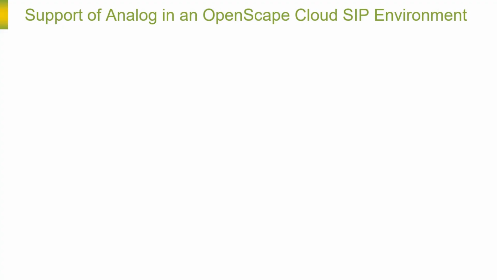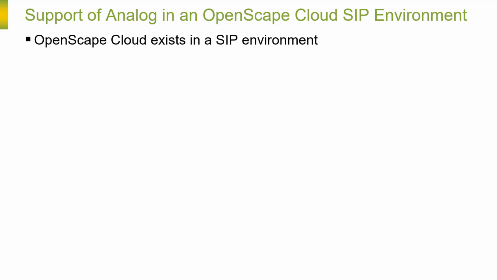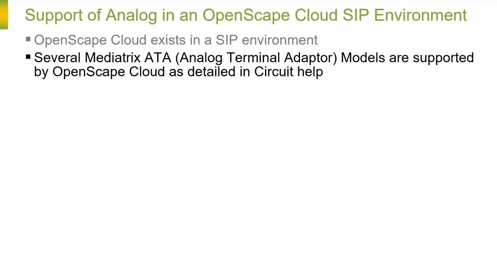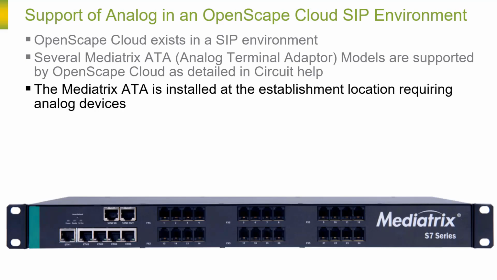Let's discuss how we support analog applications in an OpenScape Cloud SIP environment. OpenScape Cloud exists in a SIP environment. Several Mediatrix ATA analog terminal adapter models are supported by OpenScape Cloud, as detailed in Circuit Help. The Mediatrix ATA is installed at the establishment location requiring analog devices.